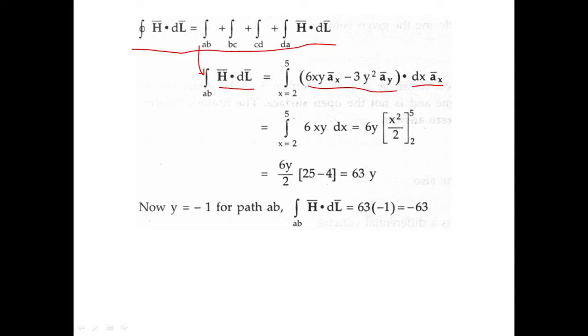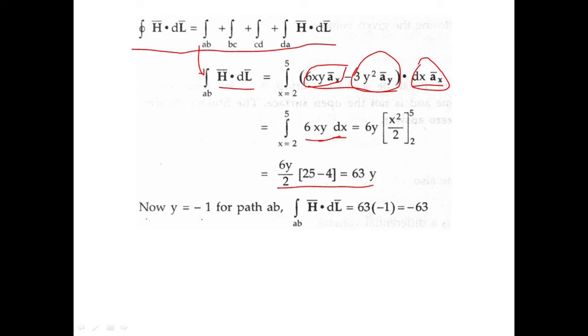Now x is equal to 2 to 5, 6xy dx, because the ay term dot ax will be 0, but 6xy ax dot ax will give 1, that is 6xy dx. When you solve this, y will be constant because we are integrating only with respect to x. So you get 6y into x square by 2, from 2 to 5, which gives 63y.